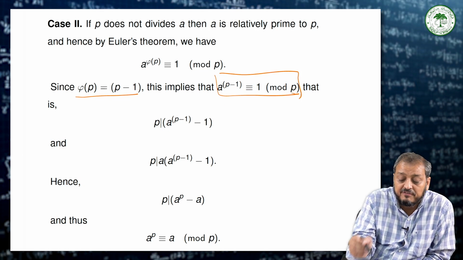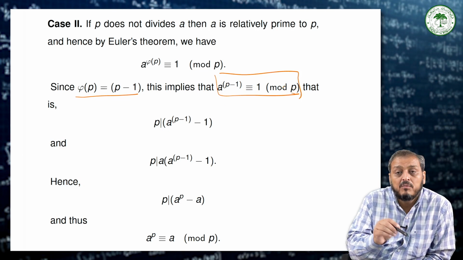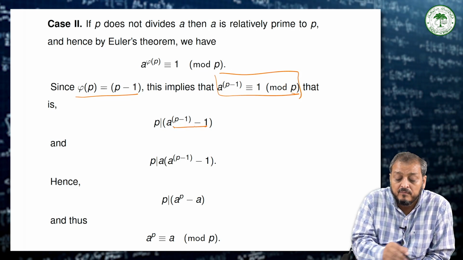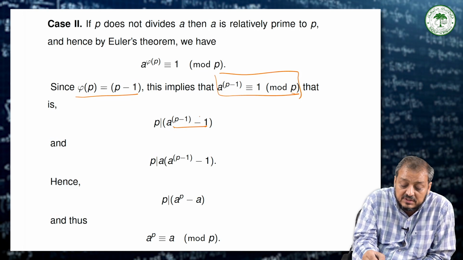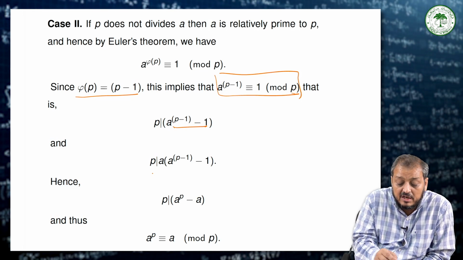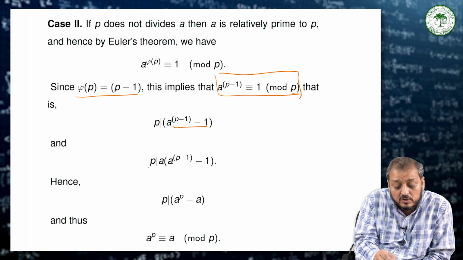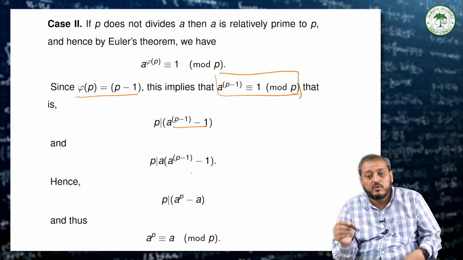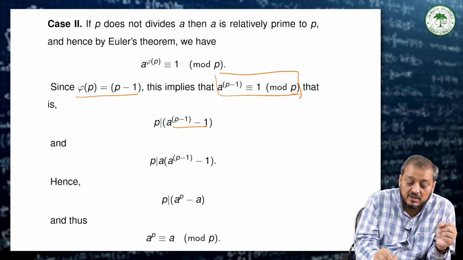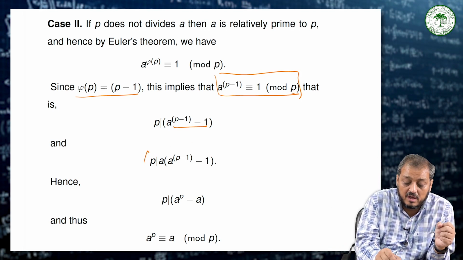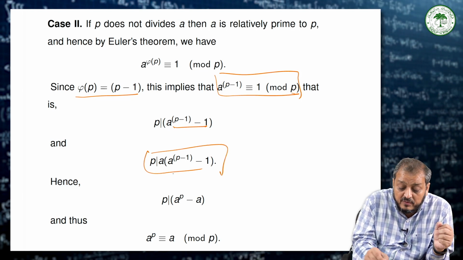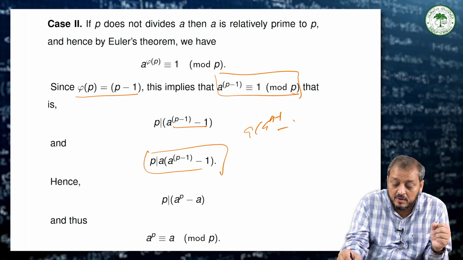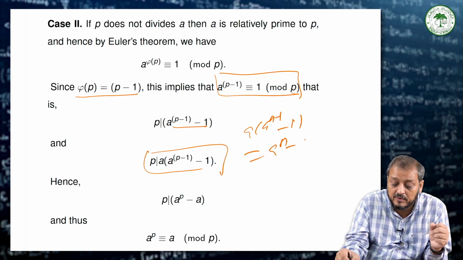If p divides this, then p must also divide a times this quantity, and a times a to the power p minus 1 minus 1 is the same as a to the power p minus a.